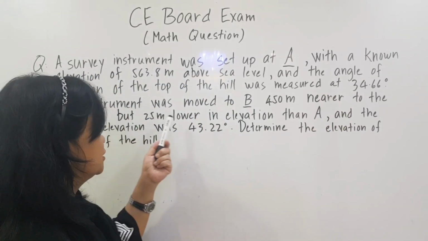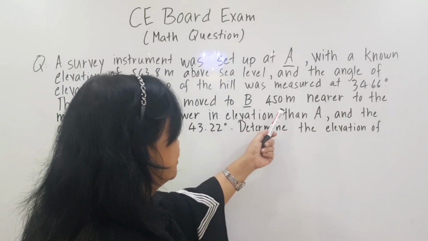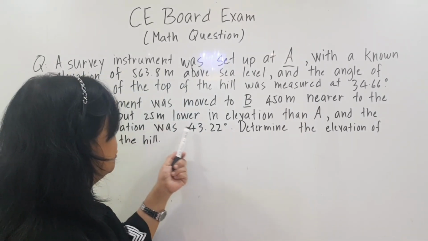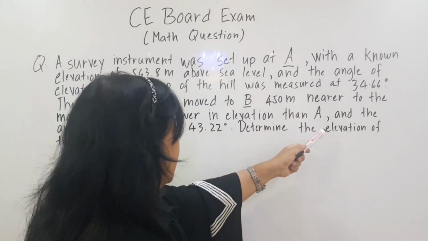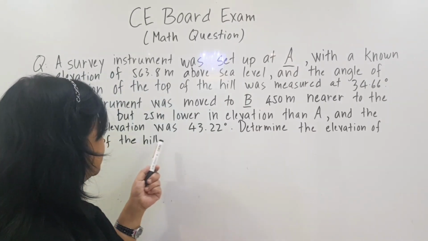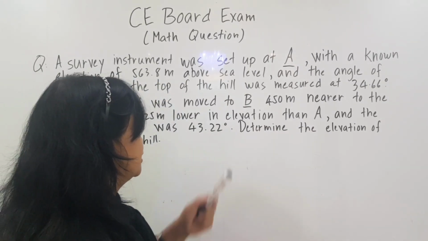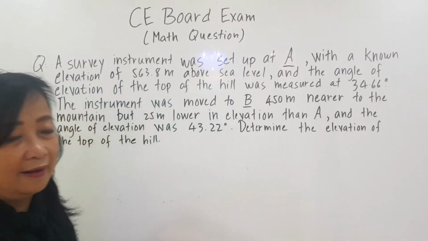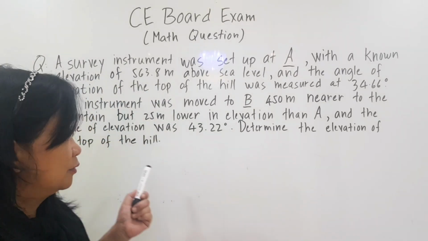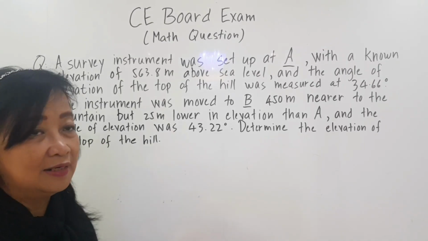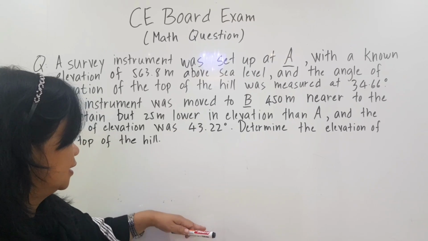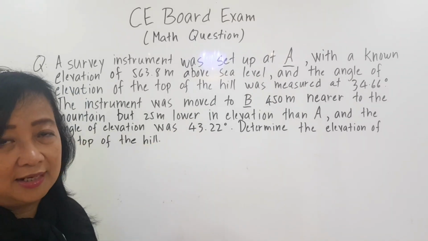The instrument was moved to be 450 meters nearer to the mountain but 25 meters lower in elevation than A, and the angle of elevation was 43.22 degrees. Determine the elevation of the top of the hill. So that means we'll find the elevation from above sea level to the top of the hill.